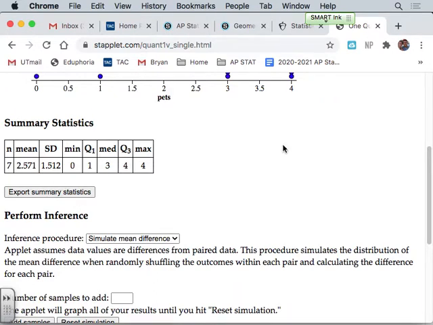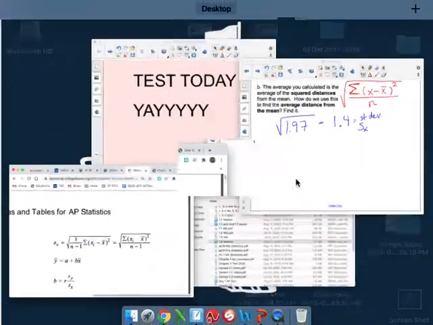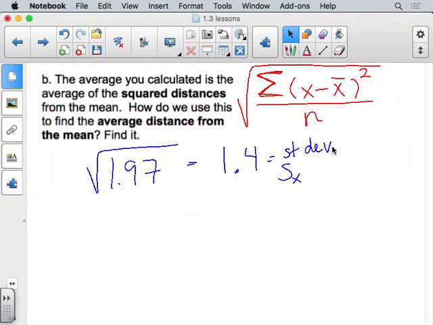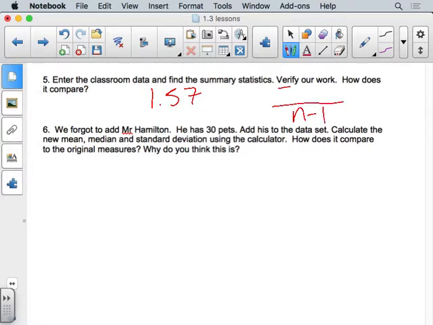So they got 1.5. We got that number, whatever it was, 1.4. Basically the same, but technically, so let's see, what was it, like 1.57? So theirs was accounted for by the formula being n-1, not n. It's not a big deal.